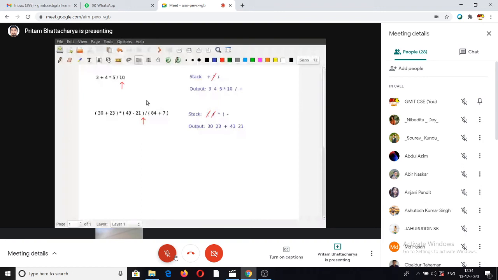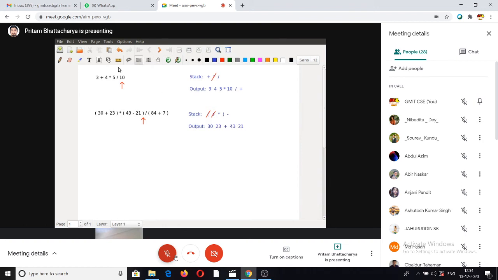If you recall, whenever I see a closing parenthesis, you have to pop all the symbols until you encounter the opening parenthesis on the top of the stack.